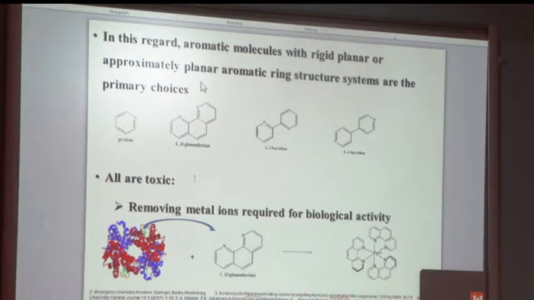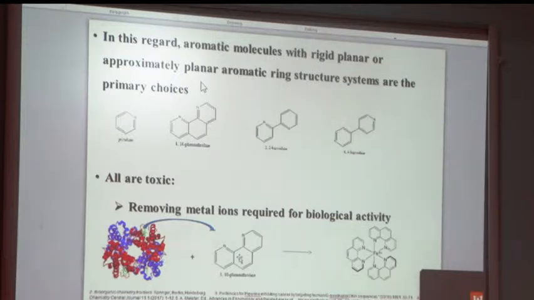Why are they toxic? When they are introduced into the body of the organism, because they have a very weak sigma base and strong pi-acceptor character, they take off metals which are very essential in the cell, in the body of the organism. For instance, this is a hemoglobin structure.